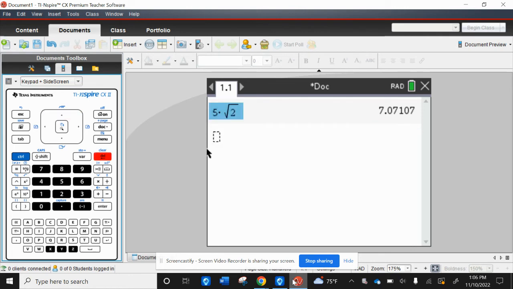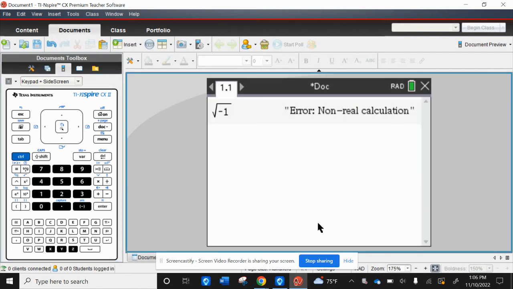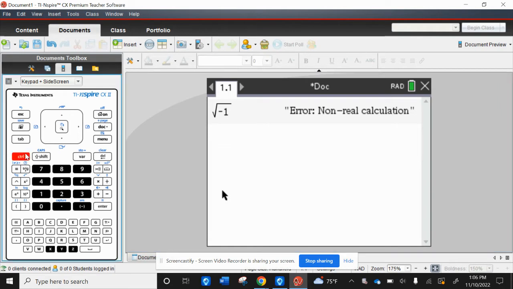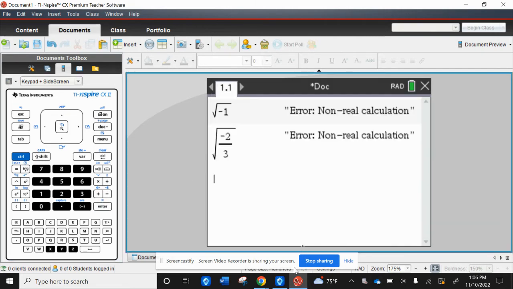So if I try to take the square root, let's just use negative 2 over 3. It says a non-real number, okay? So if you were to do square root of negative 2 divided by 3, you're going to get that it's a non-real number, okay?